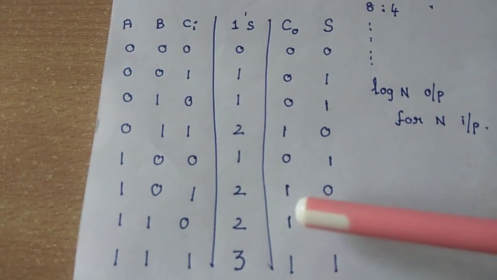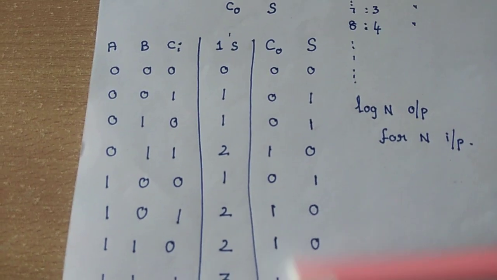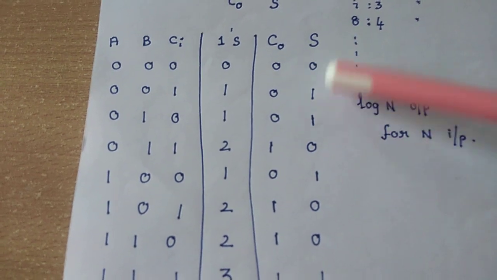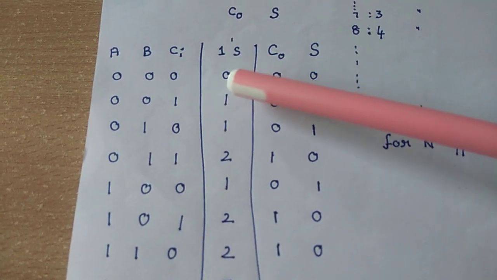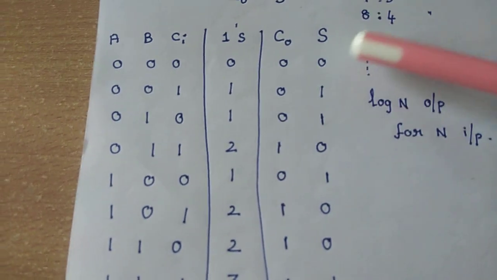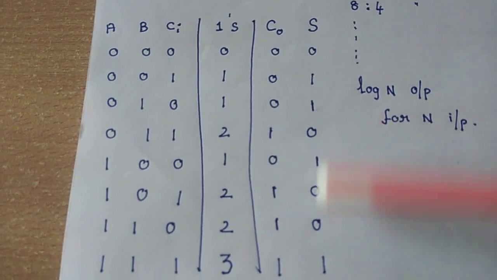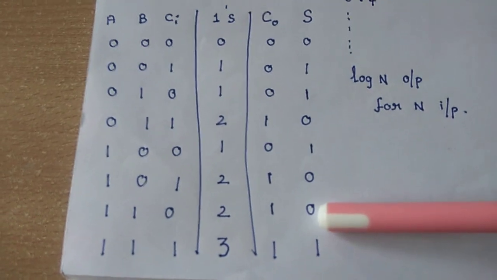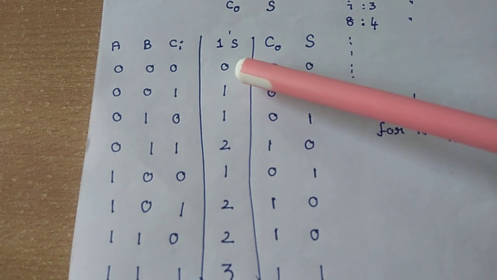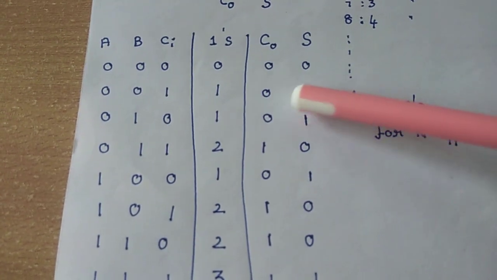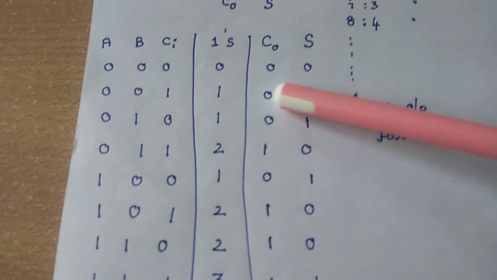There is a relationship between the number of ones and the sum output. You could see that when the number of ones is 0 or an even number, the sum is 0. So here it is 0, 0, 0, 0. Whenever the number of ones is 1, the sum will be 1 and the carry output remains 0.